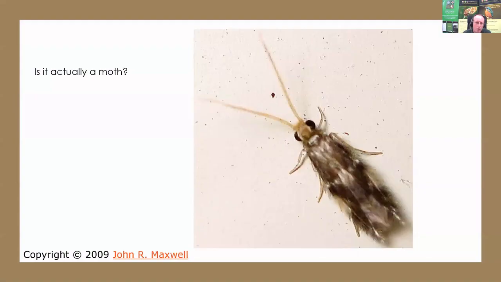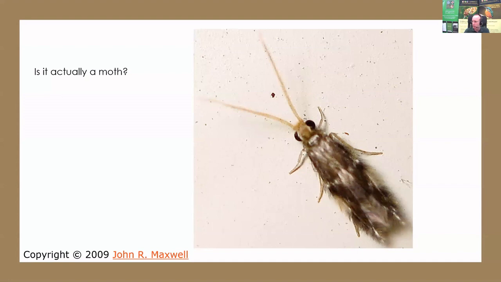And it's worth bearing in mind that it may not even be a moth. Quite often you'll see these small creatures running around which look very much like micro moths. Well, in this case, it's actually a microcaddis.